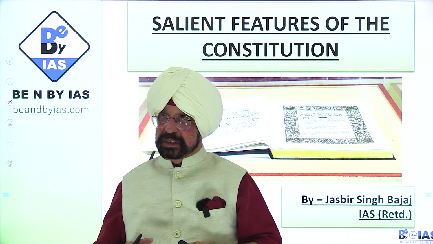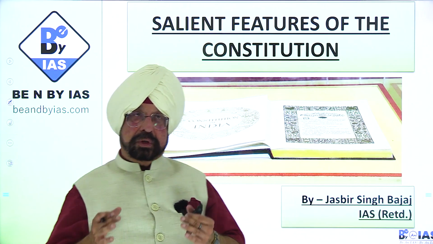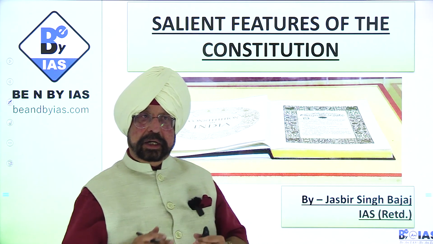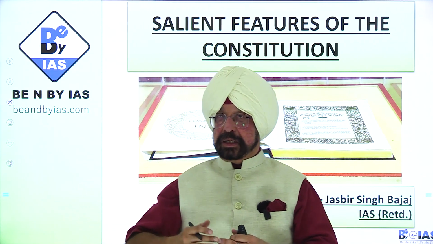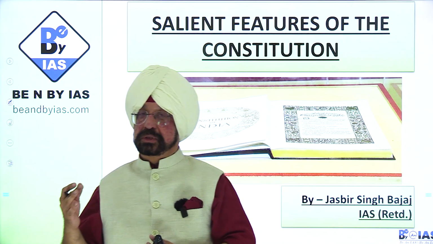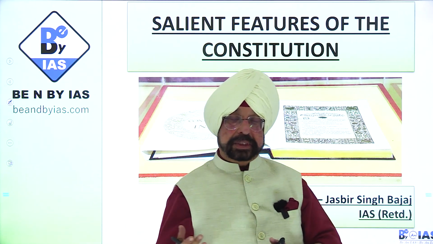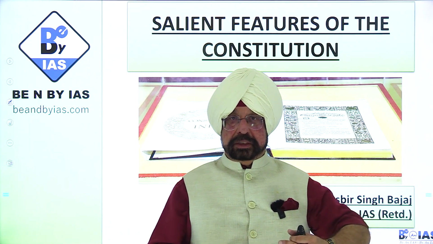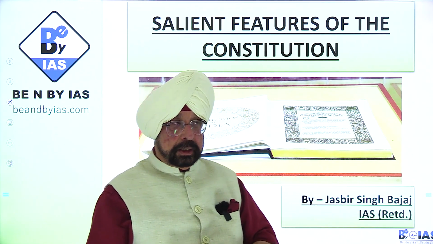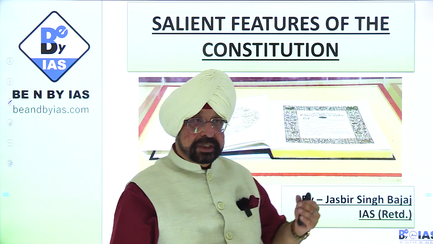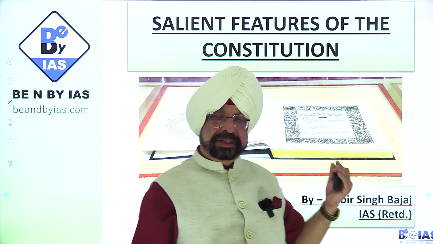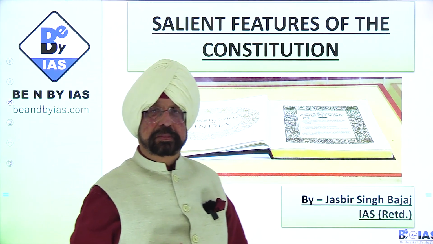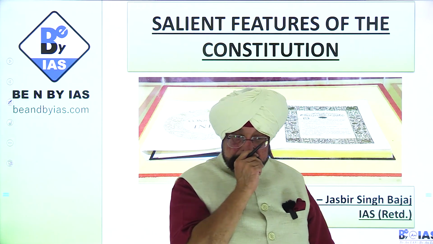We will study all these organs, all these provisions of the Constitution in a detailed manner when we start our regular study as per the syllabus. So these are only to take you a step towards that, make you understand the basics. So these are basically the basic features of the Constitution, which we will be discussing today.